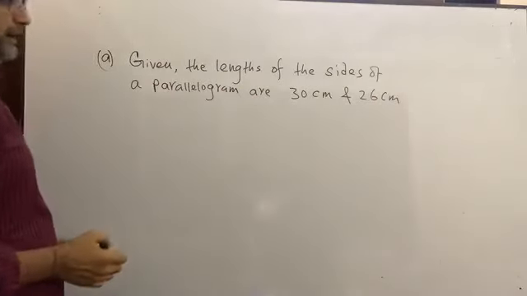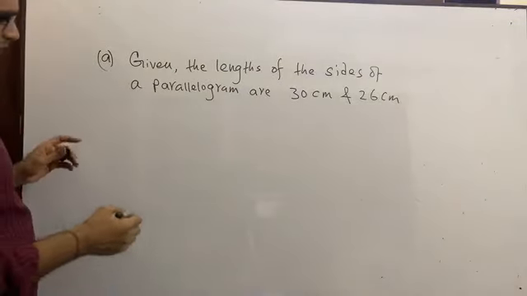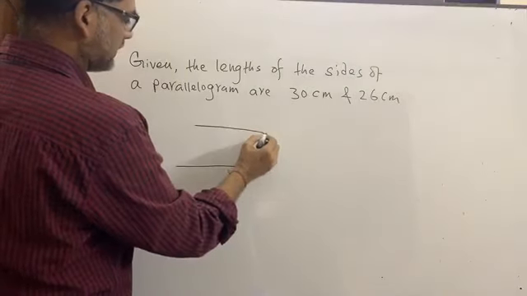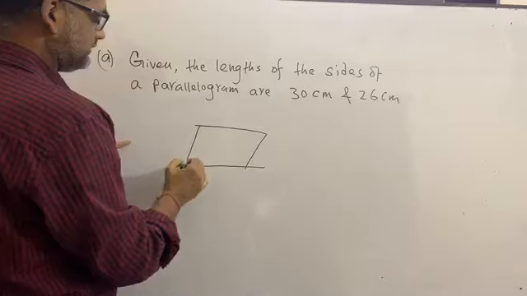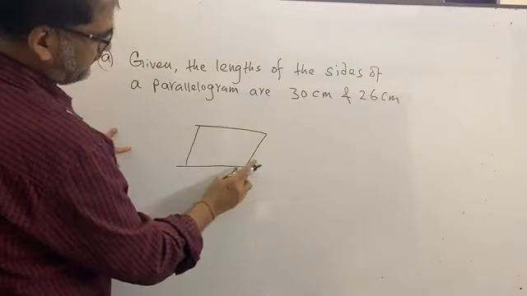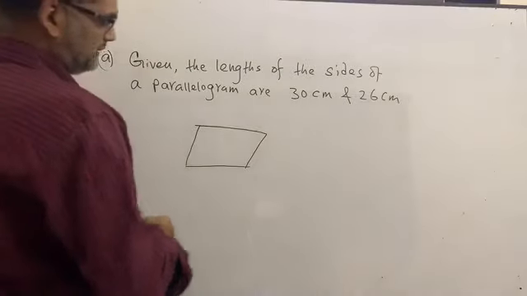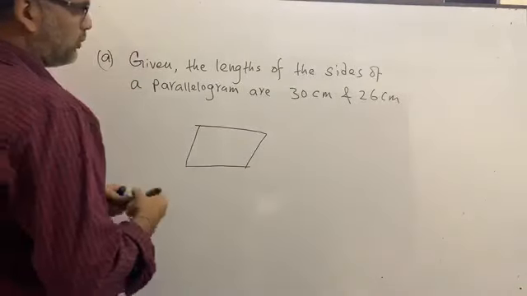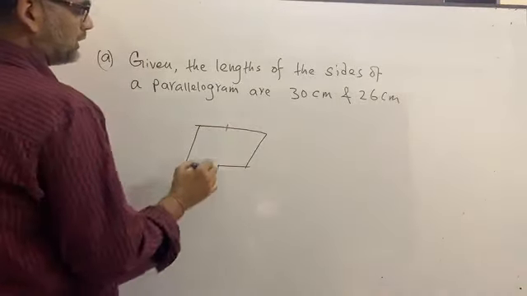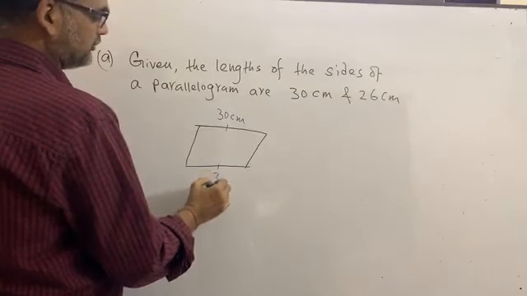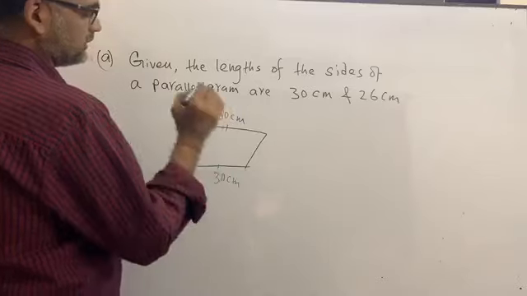Actually, what is meant by this? At first, try to understand. Suppose this is a parallelogram. Length of two sides, that means we know the opposite sides are equal. If it is 30 centimeter, then it is also 30 centimeter.